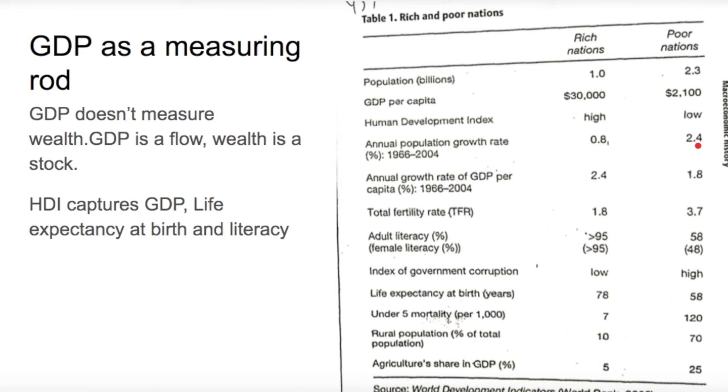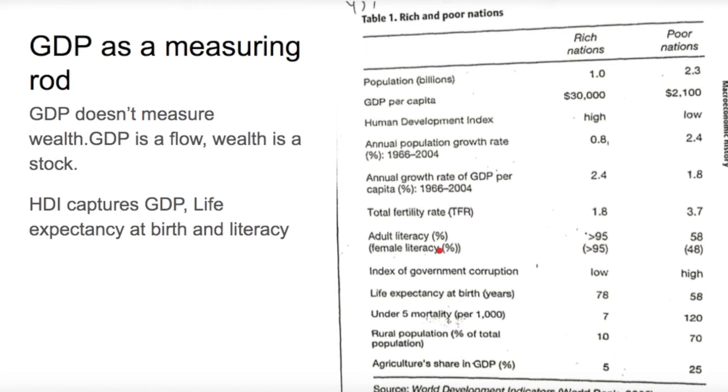You do see that these are the factors which explain why these nations are poor and why these nations are richer. Total fertility rate is also lesser in rich nations, whereas in poor nations it's a lot higher. Adult literacy is greater than 95%, whereas it's 58% in poor nations.